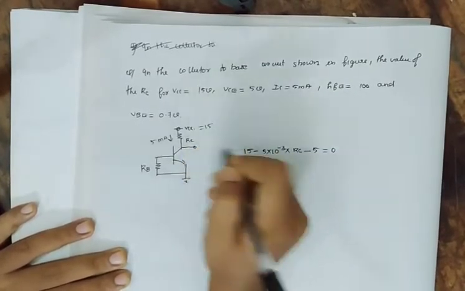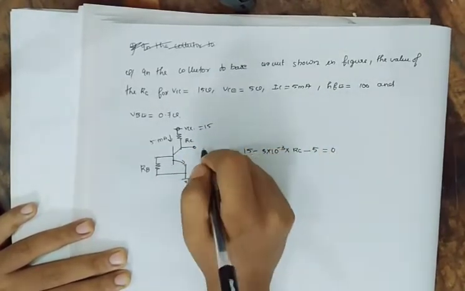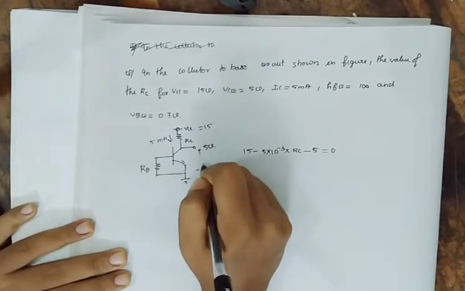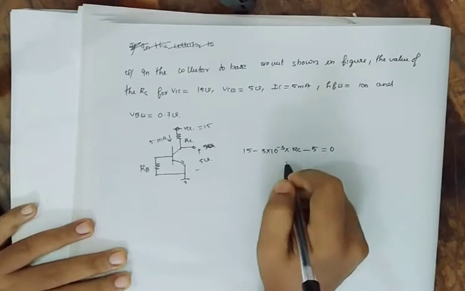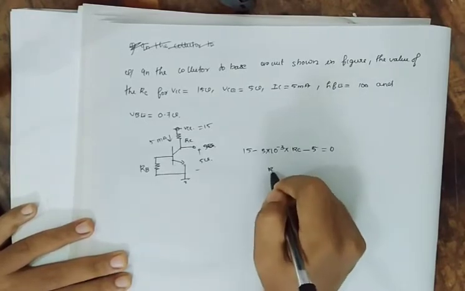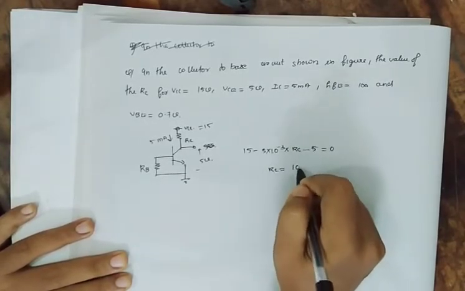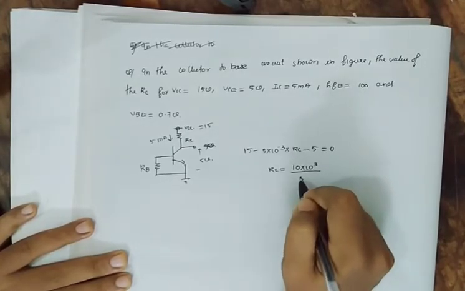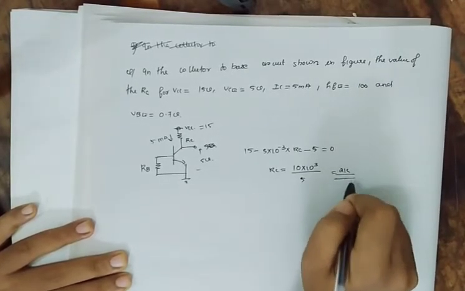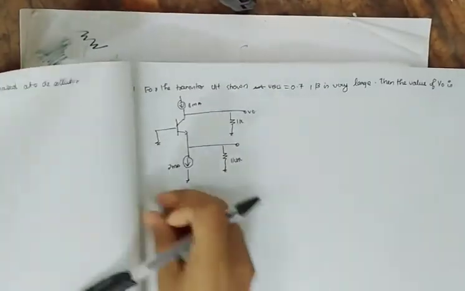This one is VCE, it is given that it is 5 volt. Okay. Minus 5 equal to 0. That means RC equal to 10 into 10 cube divided by 5, which is equal to 2K. Okay, simple. That's all. Now let's do the next question.